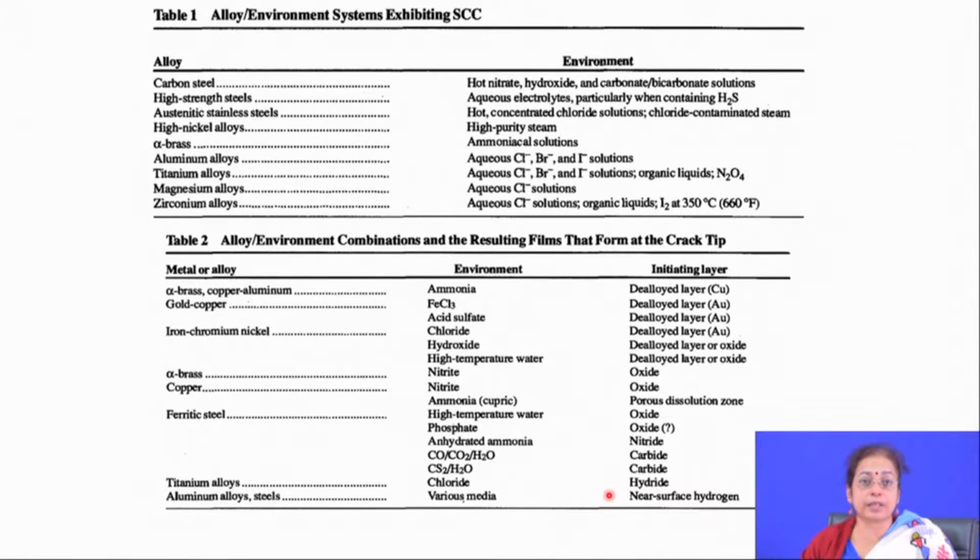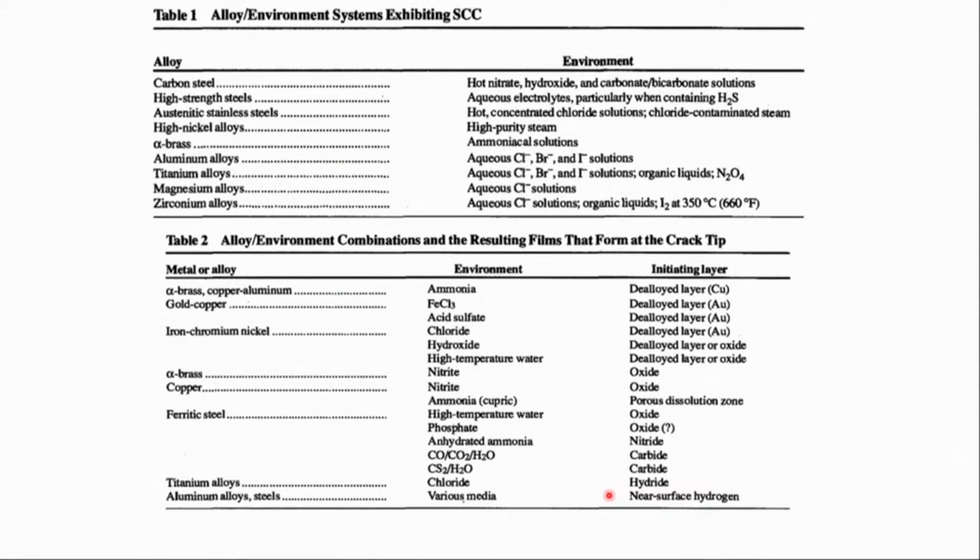There are different reasons which are responsible for stress corrosion cracking. The first reason is the selective leaching or damage of the typical passive film which protects the surface.